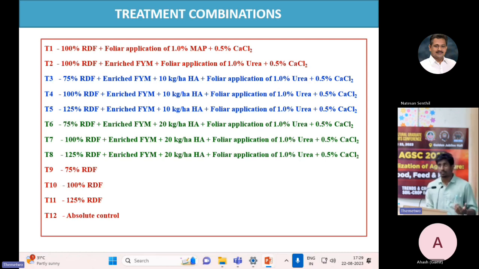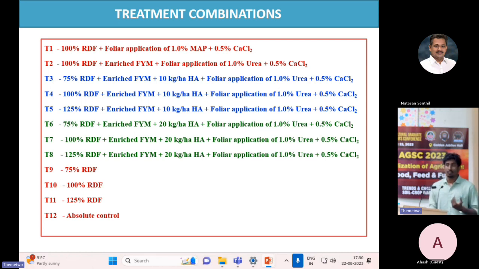T4 is 100% of RDF as in T3, and T5 has an extra dose of 25% RDF, with the other treatments like T4. T6, T7, T8 are the same treatments with increased humic acid application, that is 20 kg of humic acid per hectare. T9 is 75% RDF, T10 100%, T11 125%, and T12 is absolute control.